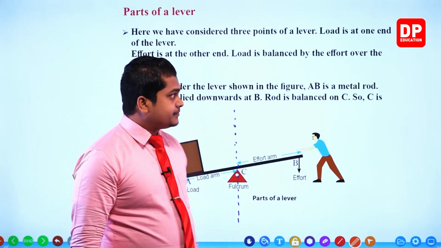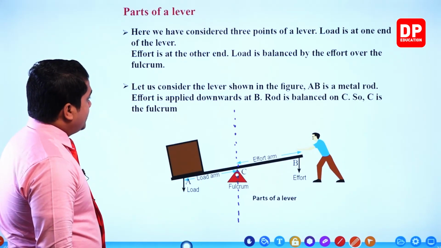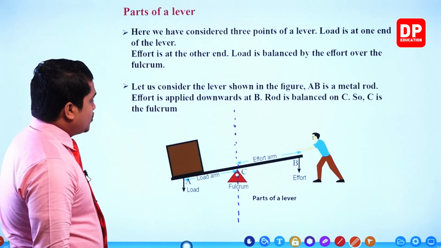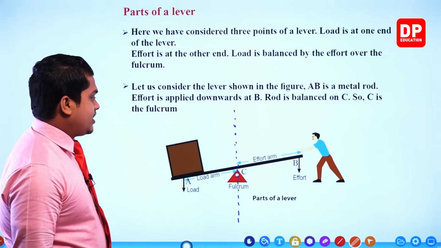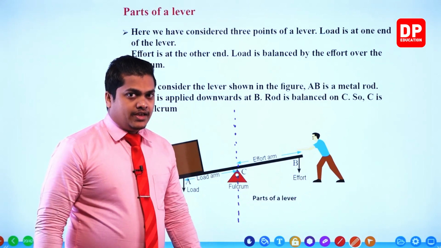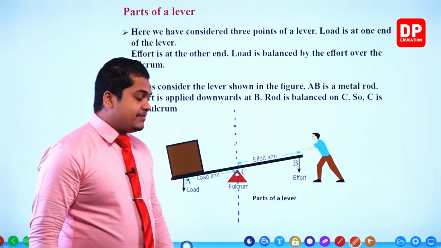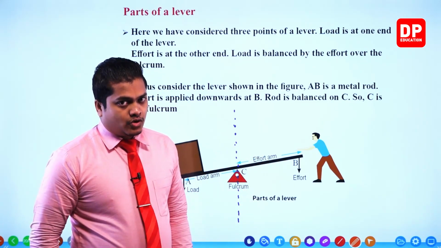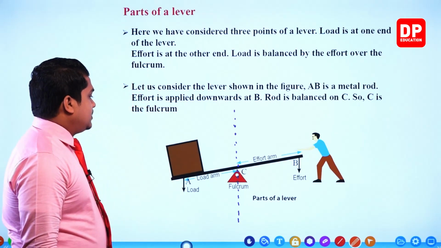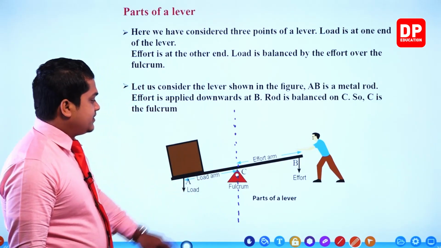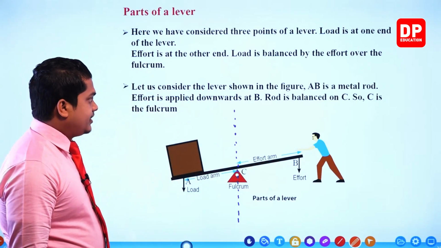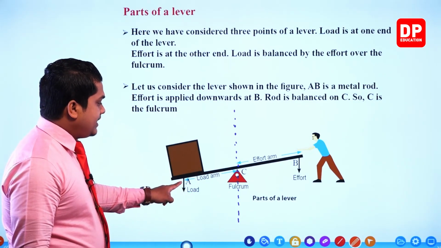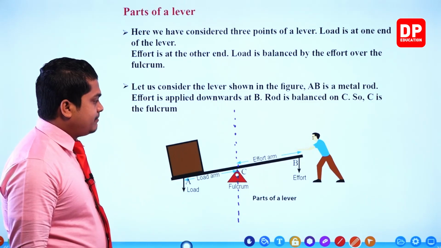Then the rod is balanced on C. So C is the fulcrum. Now this metal rod, our lever, is getting balanced on the point C. So as you can see here, C is the fulcrum, B is the effort. Now my dear children, the third one, the load. A is the load, where the object has been placed.